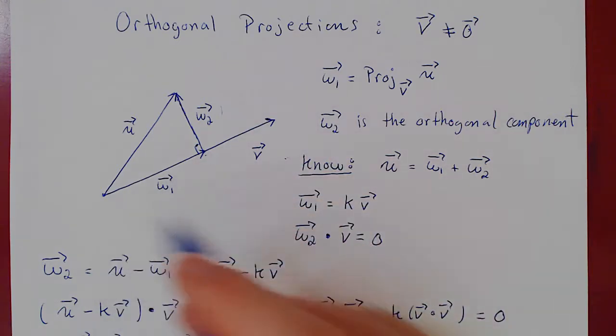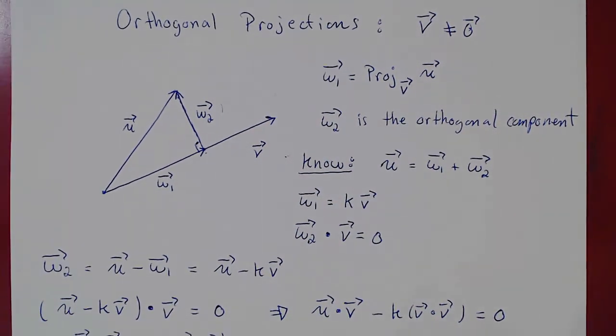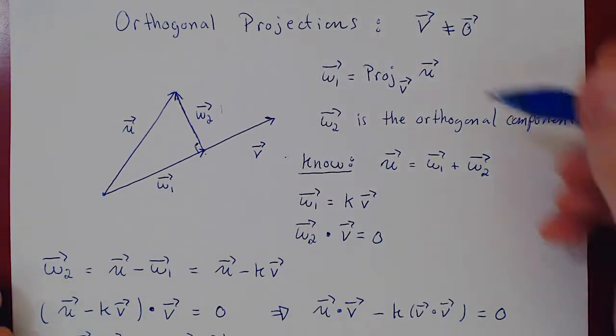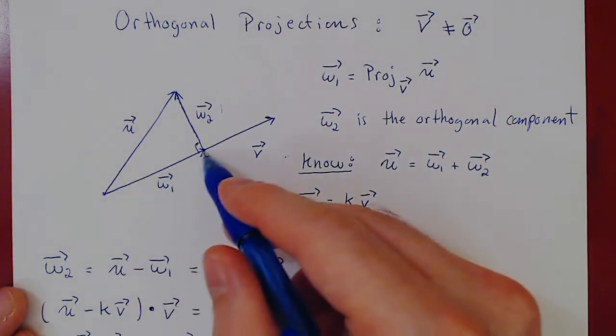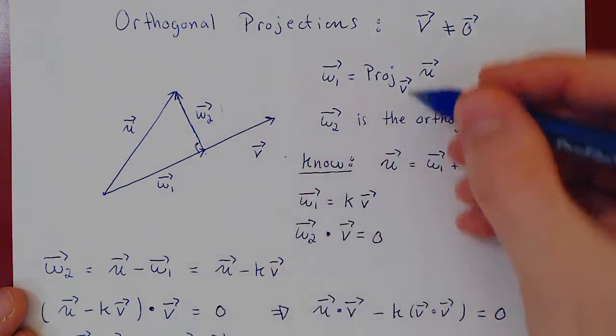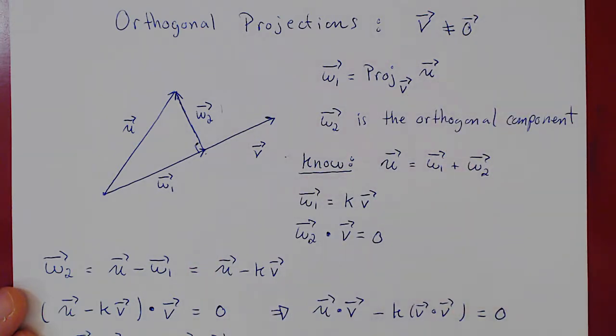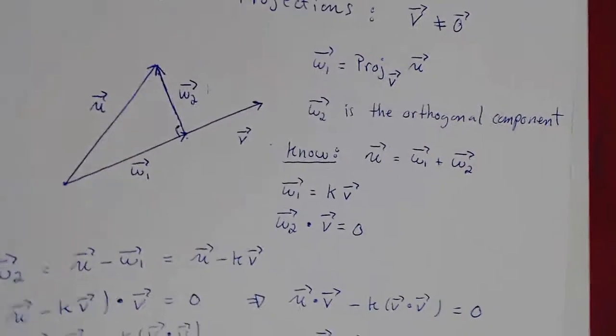And even the opposite direction would do the same. So the way to think about this is when you project vector u onto vector v to obtain this vector, you really are projecting on the direction spanned by vector v. Let's see what that means, and then we'll prove it, and the proof will be very easy.